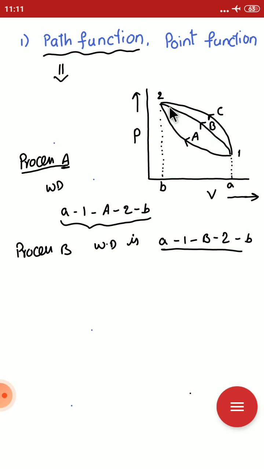This is the amount of work done through this process. Similarly for process C, the area under the curve is this much amount of work done through this process, a1 C 2 b.